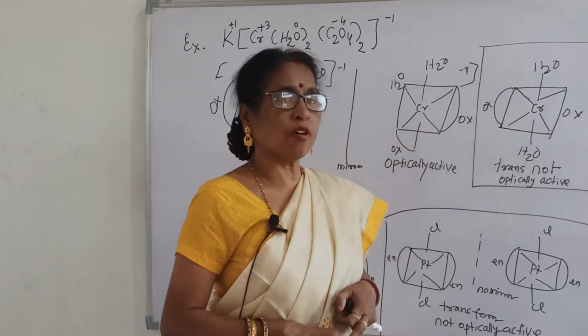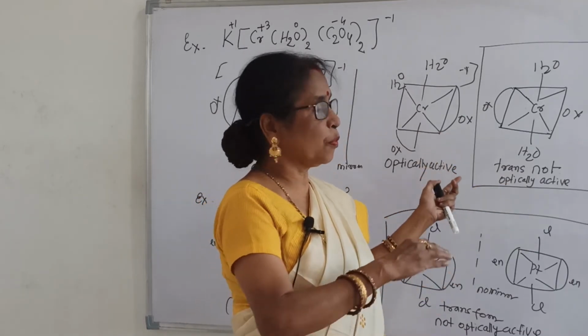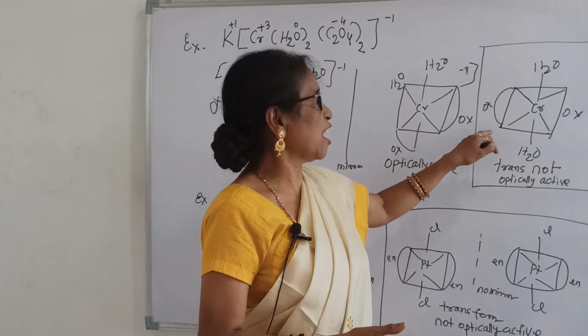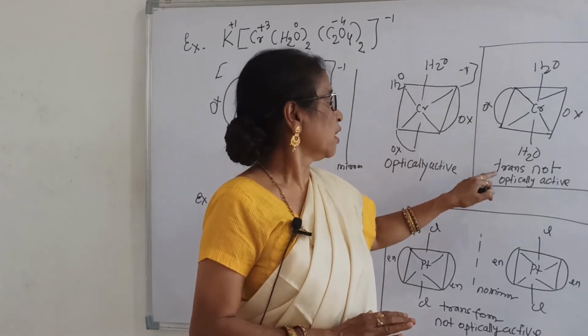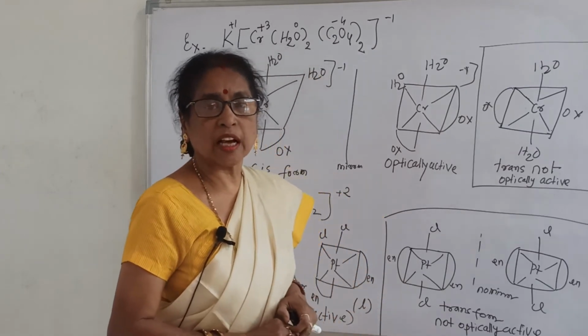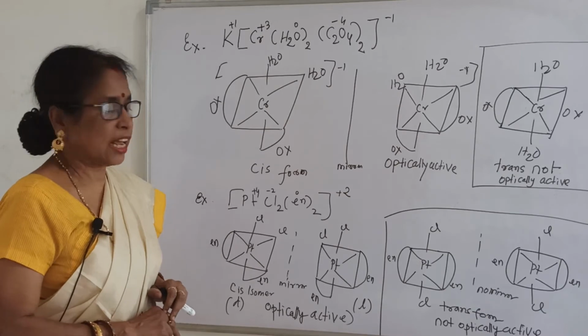This is trans form but not optically active, because if you put again its mirror, it is the same, there is no change of place. So trans form is not optically active, only cis form is optically active.